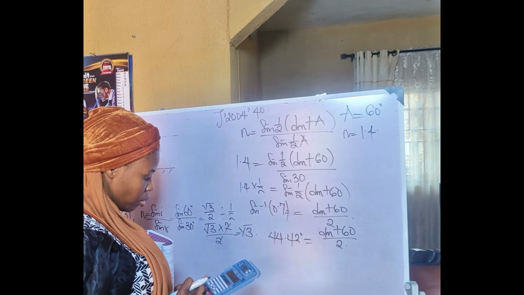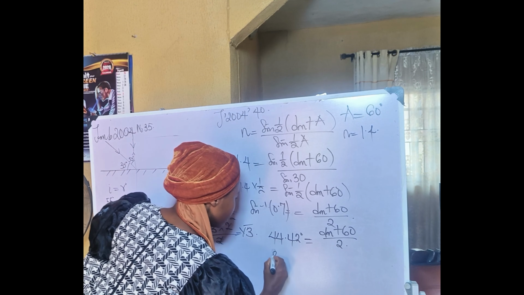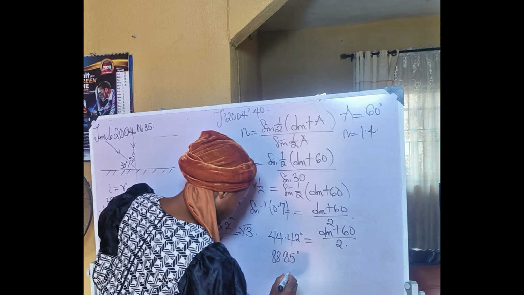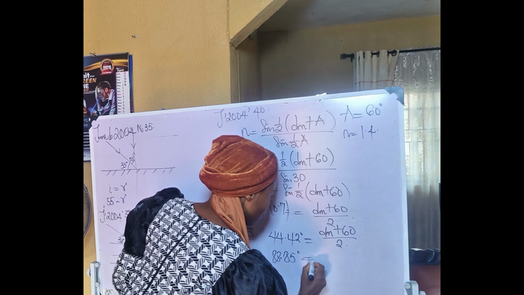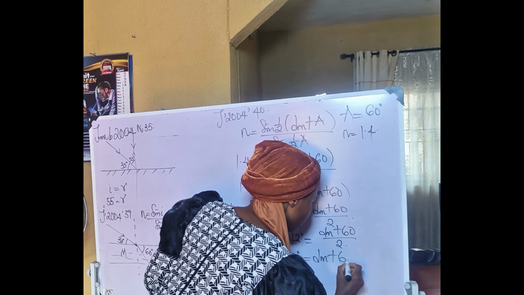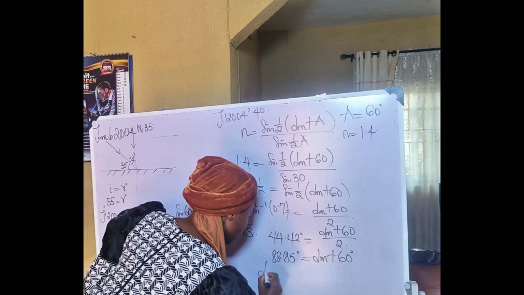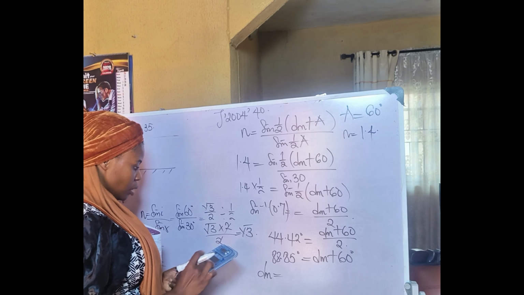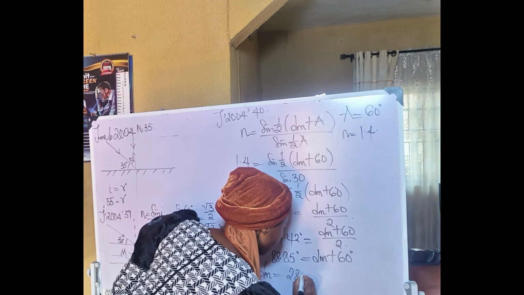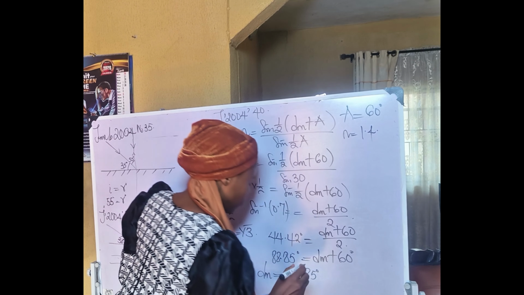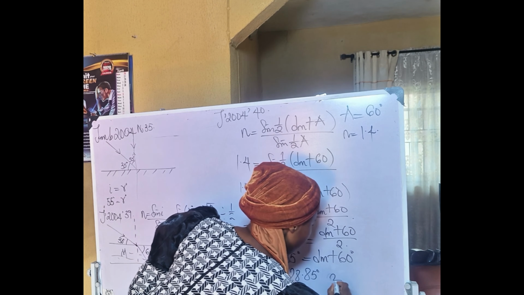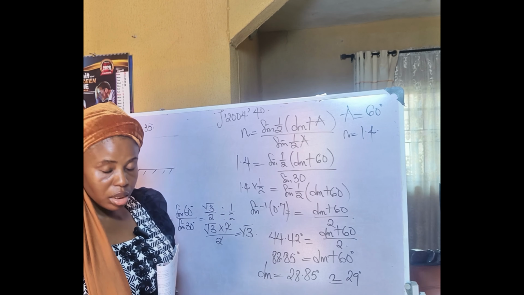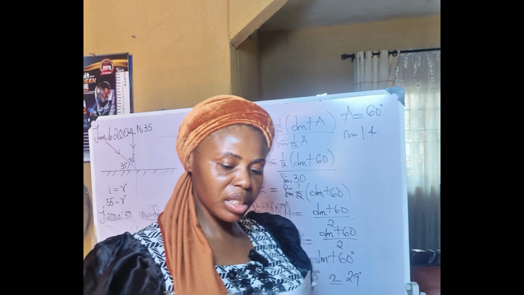Multiplied by 2, I have 88.85 is equal to dm plus 60. Make dm the subject of formula. It becomes this minus 60. So we have 28.85, but to the nearest whole number, you can see that answer becomes 29 degrees. That's how we solve. Very simple.